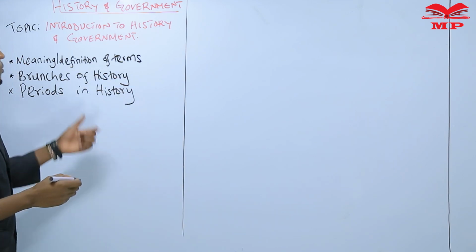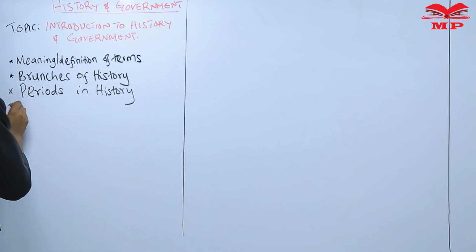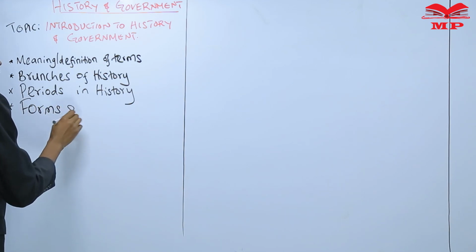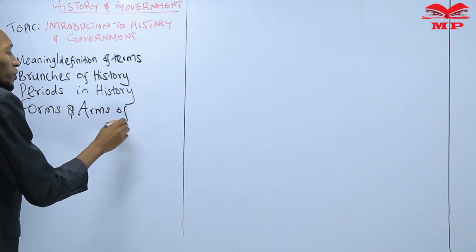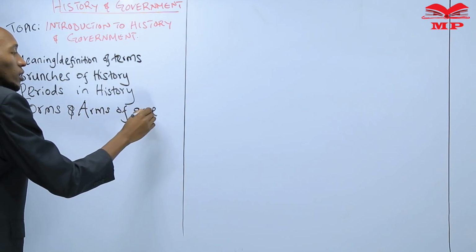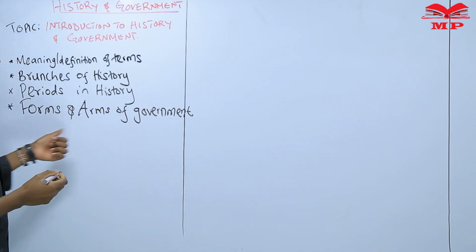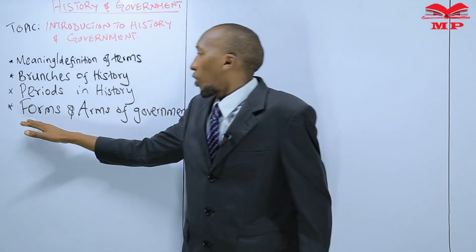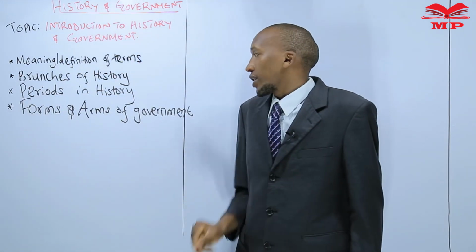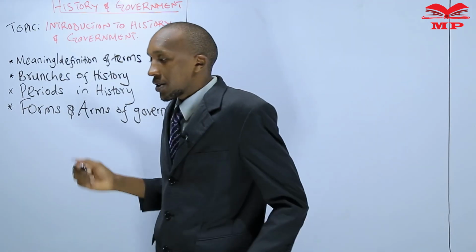And then apart from looking at the branches and periods in history, we shall look at the forms and arms of government. Forms and arms of government. And my dear learner, here I want you to note, we are talking of forms and arms. Those are two different things, but we shall discuss them as we go on with this topic.